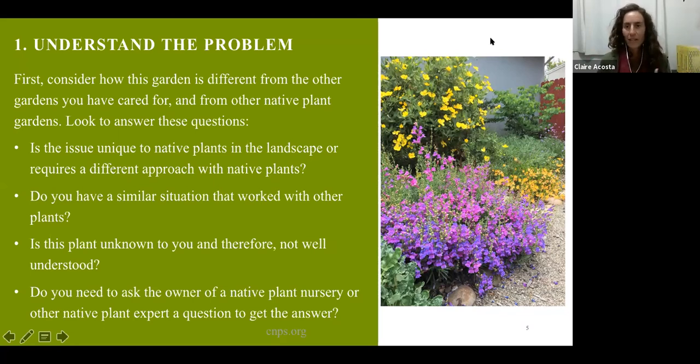Water use, water availability, irrigation, any of that category is really important with natives because of the risk of overwatering, right?